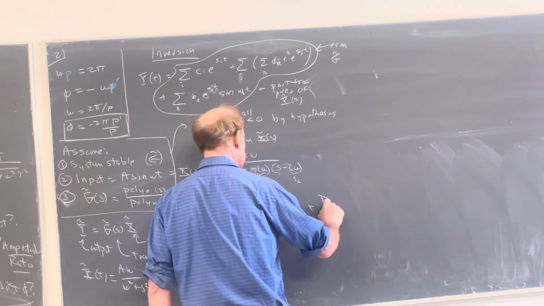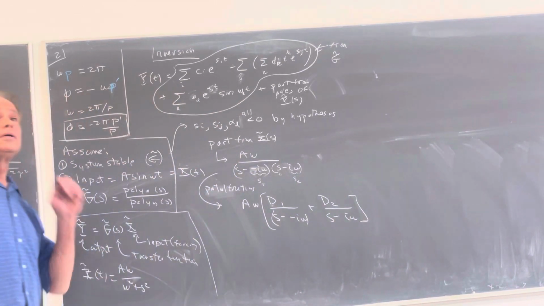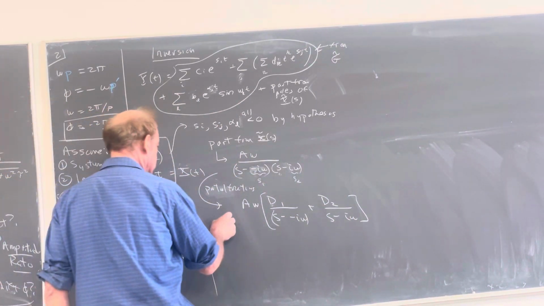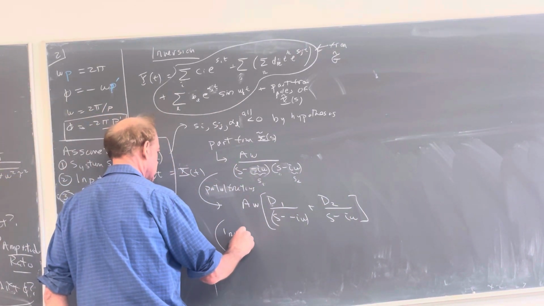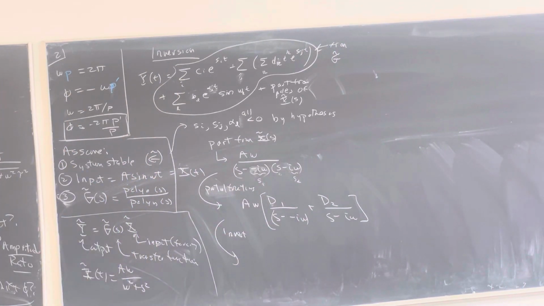Plus D2 over S plus I omega. And now when I invert that, I broke this up into 2 terms, just as the way I do here.